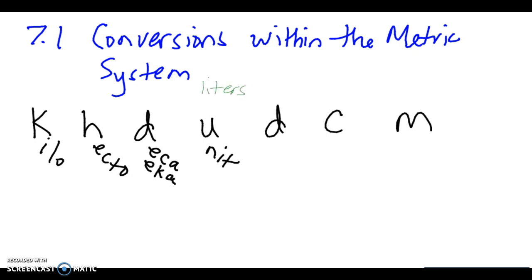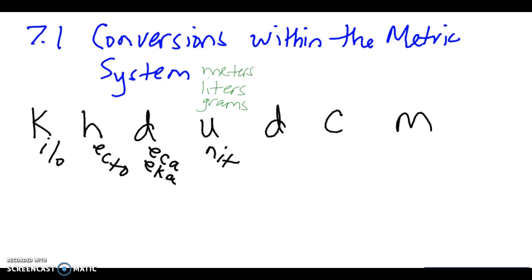If we're talking about a mass or an object, we might express it in grams. So when I say unit, I'm referring to whether it's liters, grams, meters. Those are all the basic units, okay? The term that the prefix will attach itself to.